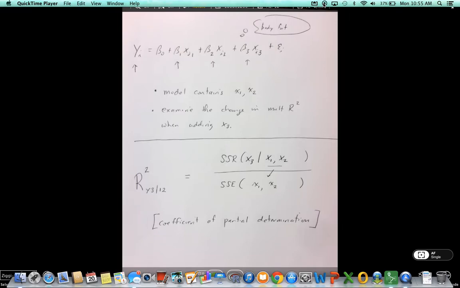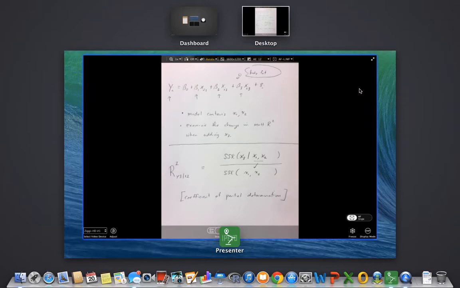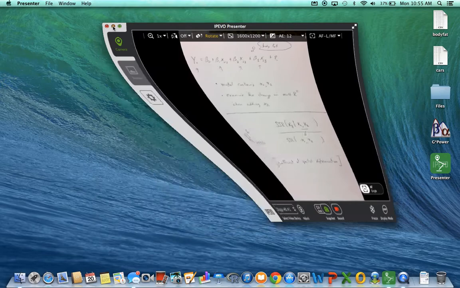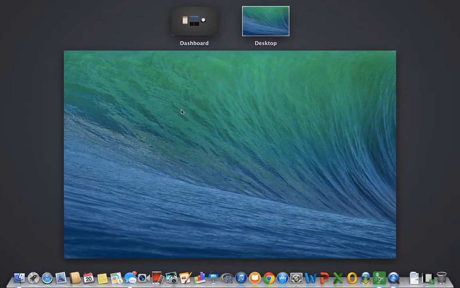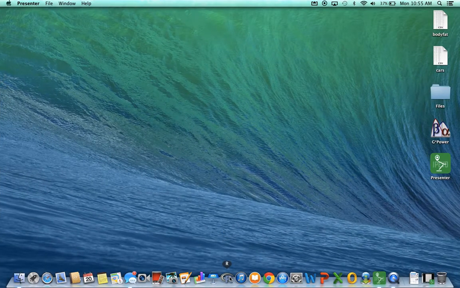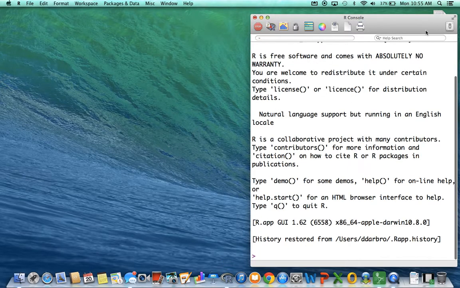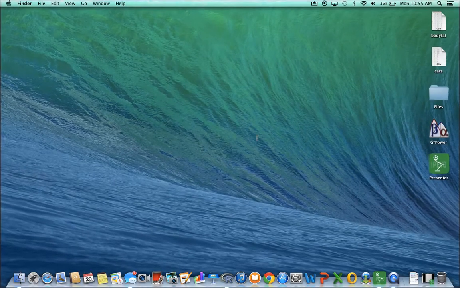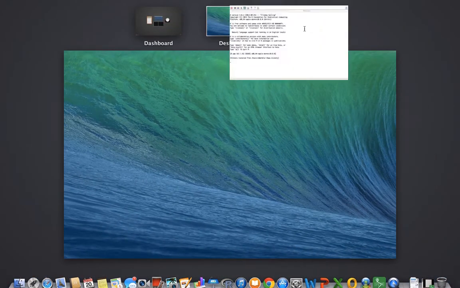Now, what I would like to do is bump out of this. And hopefully I've got R up. Maybe not. No, I don't. And let me make sure I've got body fat. Yeah, there it is. Okay, cool.